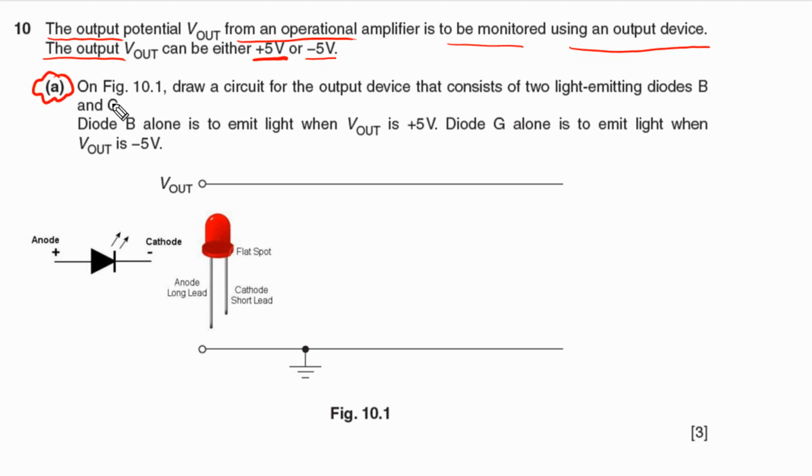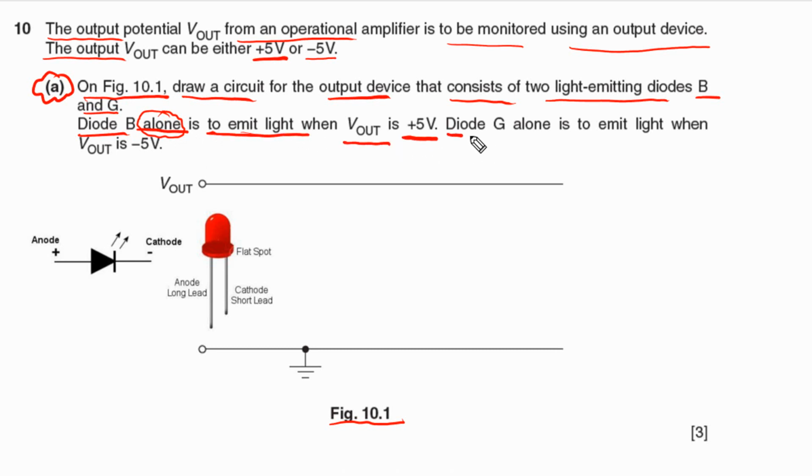Part A is asking us, on figure 10.1, to draw a circuit for the output device that consists of two light emitting diodes, B and G. Diode B alone, and this is a very important thing to understand, means only diode B has to emit light when V out is positive 5 volts, and diode G alone only has to emit light when V out is negative 5 volts. So this is what is given to us.